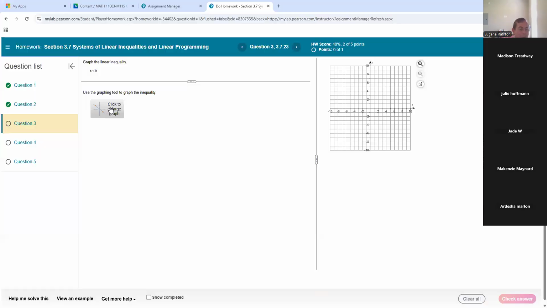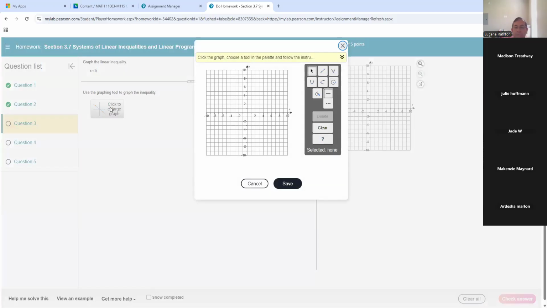I'm going to click the enlarge graph. So since mine was x is less than 5, I'm going to grab the line tool. There's no equals, so it's going to be a dashed line like we said. Now it's a vertical line at 5, so if you come to the x-axis at 5, put 1 point, and then you can go up or down, no matter where you go, as long as you got a vertical line there, okay?